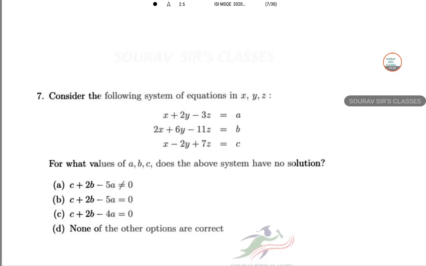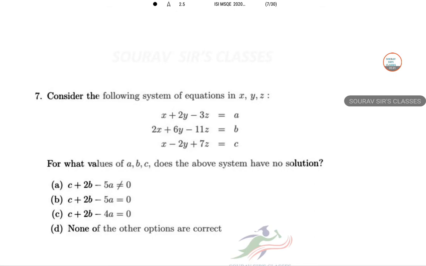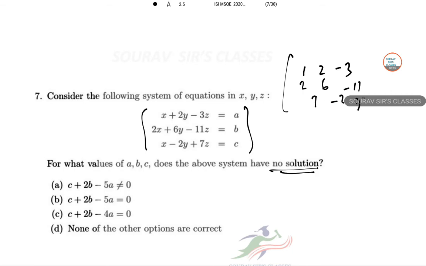Now in this question, consider the following system of equations in x, y, z. A long system of equations is given with 3 variables. For what values of a, b, c does the above system have no solution? So we want to take the given matrix in this way: 1, 2, minus 3; 2, 6, minus 11; and 1, minus 2, 7.